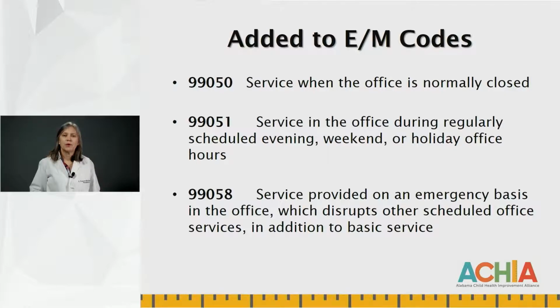For Blue Cross Blue Shield of Alabama, 7 a.m. to 6 p.m. is considered normal hours for all offices. And then there's also a 99058, and that is when you have to completely shut down giving any other patient service while you deal with the needs of one particular high-intensity patient.